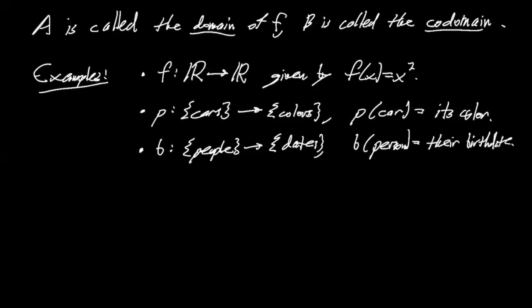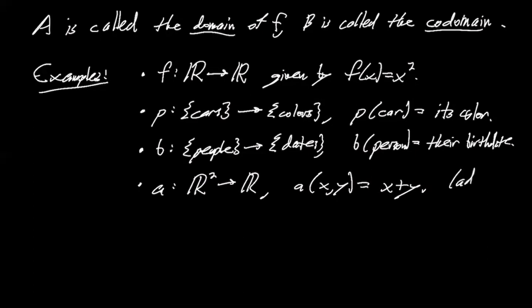Let me just give you another example, because I sort of claimed all of modern mathematics is in this language. It's kind of silly, but we can think of a map from R² to R. So you have two inputs, x and y, and the output is their sum. So this is addition. Addition can be thought of as a map from the set of pairs of real numbers to the set of real numbers.